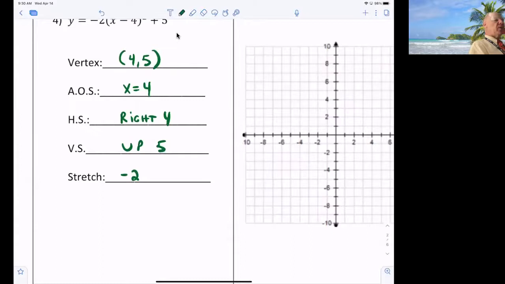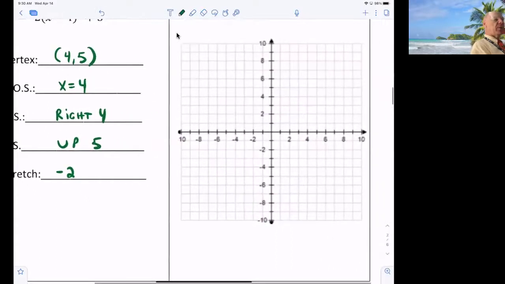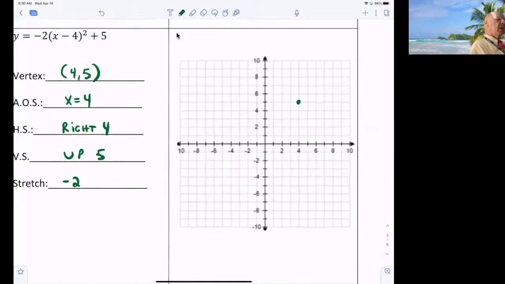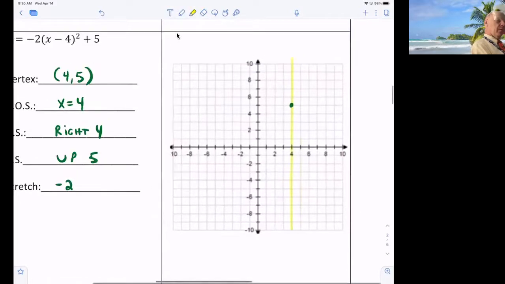All right, so first thing, we graph the vertex, which is what? 4, 5. Then I want to do the axis of symmetry. X equals 4. All right, now here's where you have to pay attention.